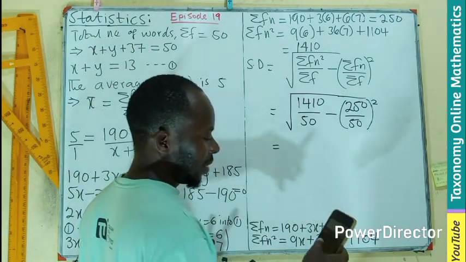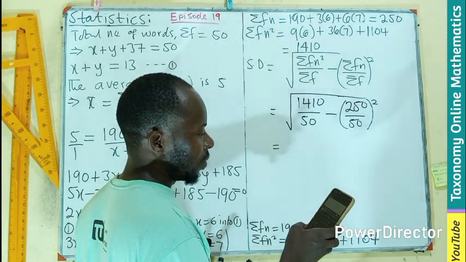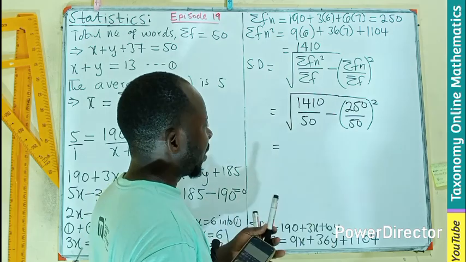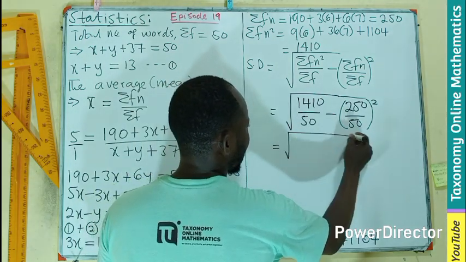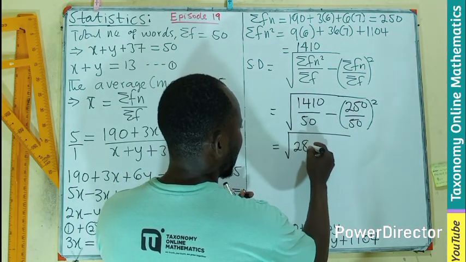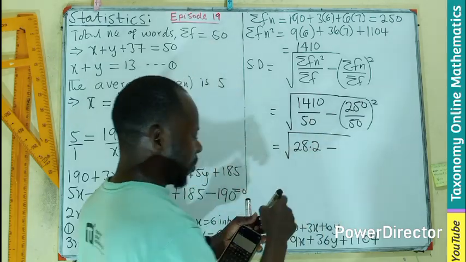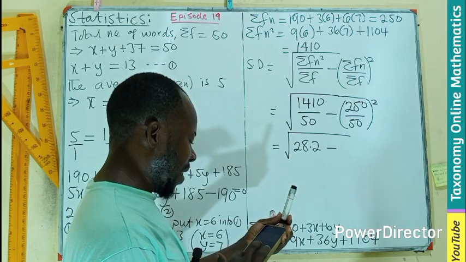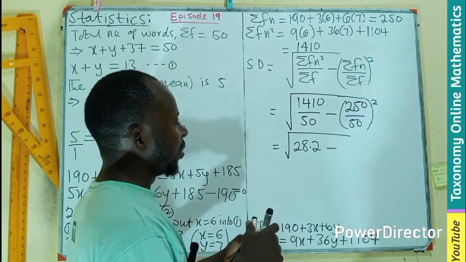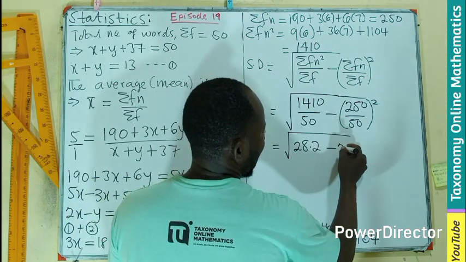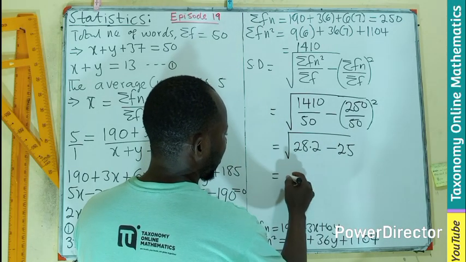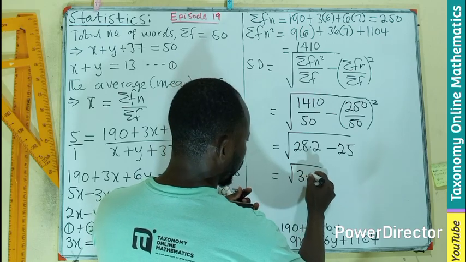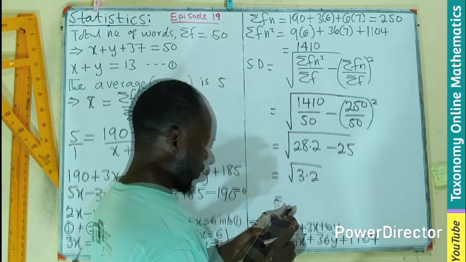Without wasting time, we can solve it all under the root. We are having 1410 divided by 50, that will be giving us the root of 28.2 minus 250 divided by 50, that is 5 squared, that will be 25. That will give us 3.2 under the root.